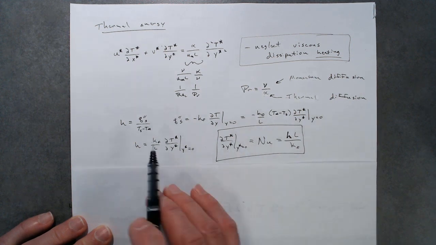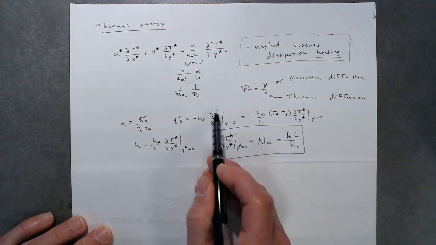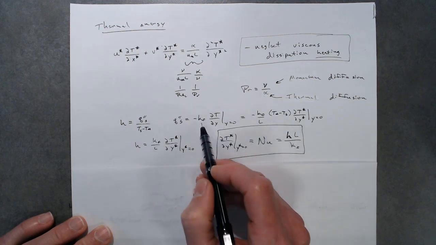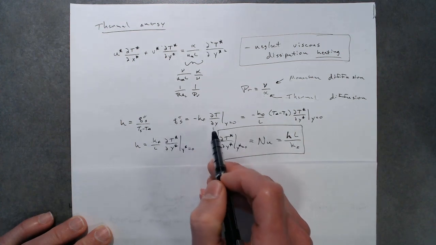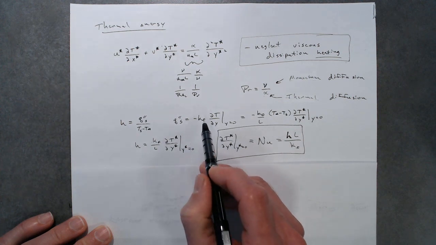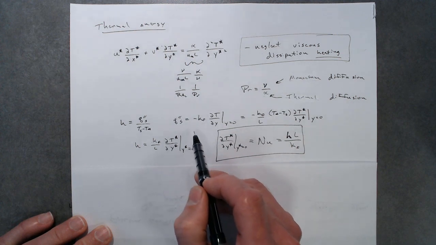And again, in fluid mechanics, we were able to relate that drag force to a gradient in velocity. At the surface, we have a no-slip condition. We can express the heat flux in terms of Fourier's law, the gradient in temperature at that surface, now times the thermal conductivity.